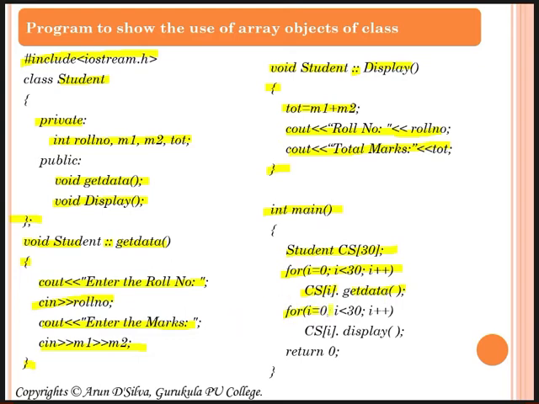In a similar way, I've used a second for loop, for i equal to 0, i less than 30, i plus plus, CS of i dot display. I called the display function. Now this will display whatever you read from the keyboard, the information will be displayed on the screen one by one.